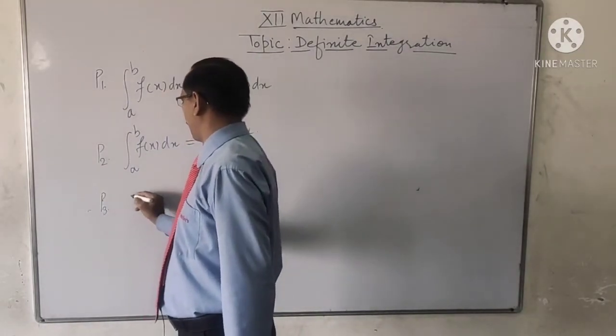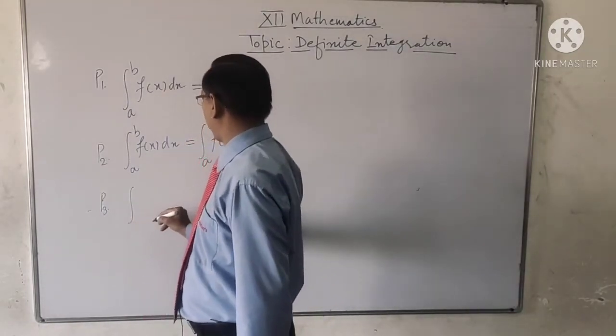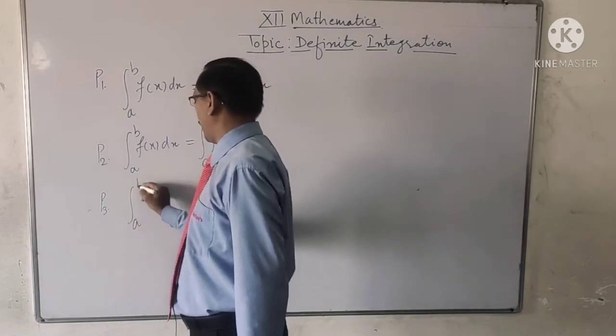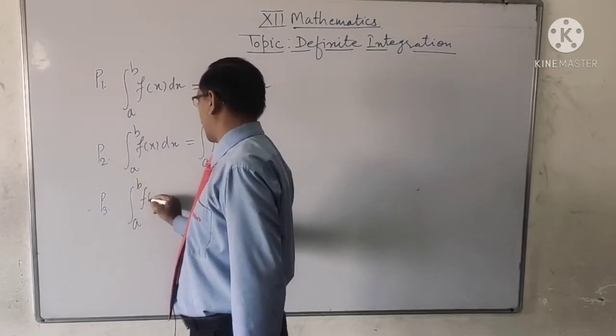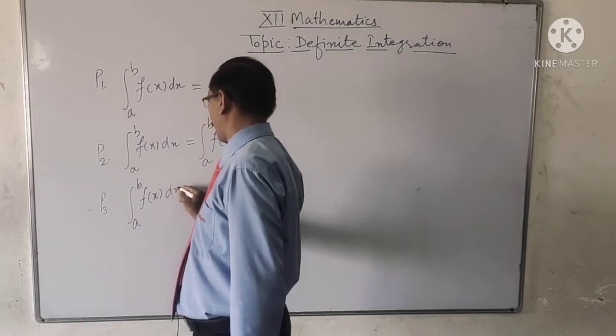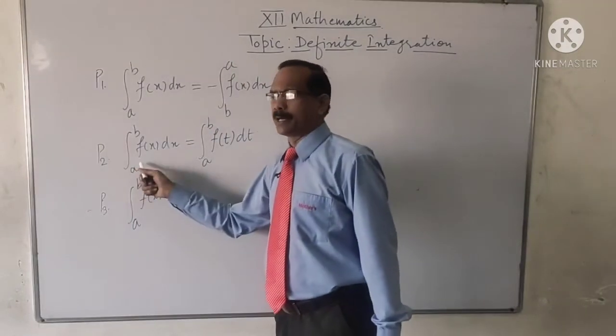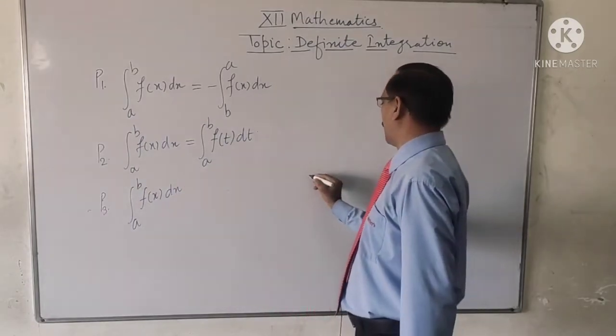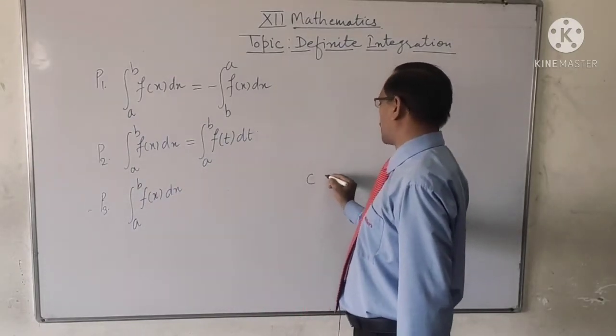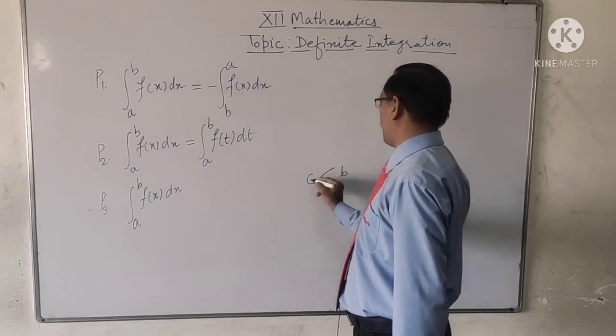Property 3. The integral from a to b of f(x) dx. Student, here a is the lower limit, b is the upper limit. There may be a middle term. Let c be less than b and greater than a.